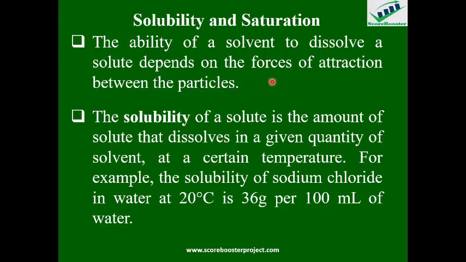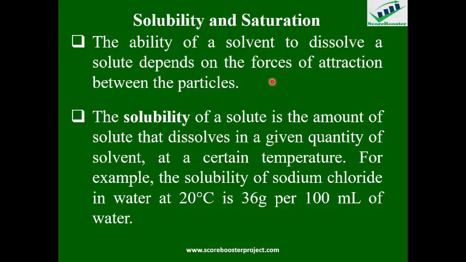So now solubility is the tendency of a particular substance to dissolve another. That will be related to the amount of solute that is dissolved in a given quantity of solvent, mostly at a particular temperature, because temperature is much more important.